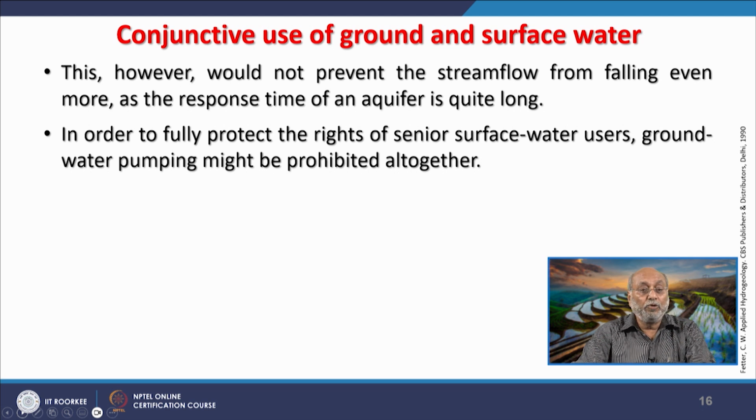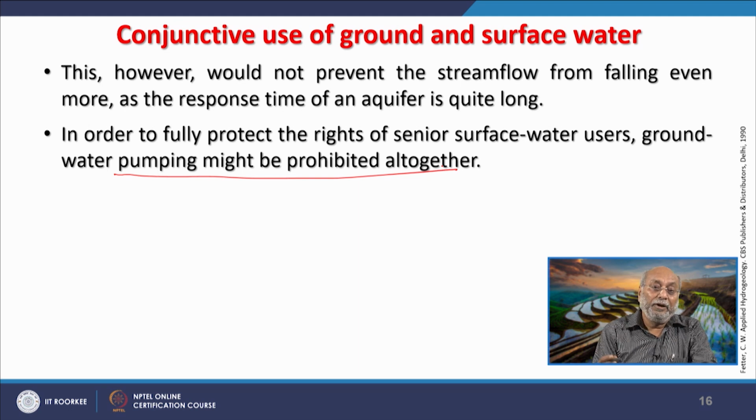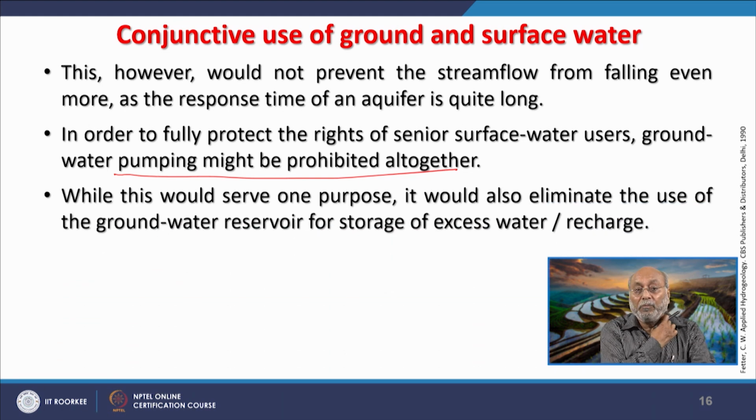It is a very slow process, and we have seen the movement of groundwater: in some formations it is centimeters or millimeters per day, or in some places even meters per day. So, in order to fully protect the rights of senior surface water users, groundwater pumping might be prohibited altogether. This is such a suggestion, not for all parts of India, but where we have more water problems.